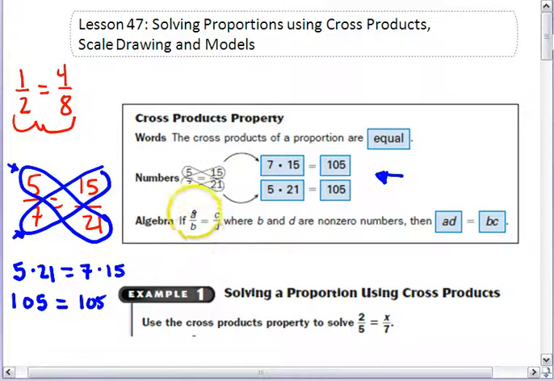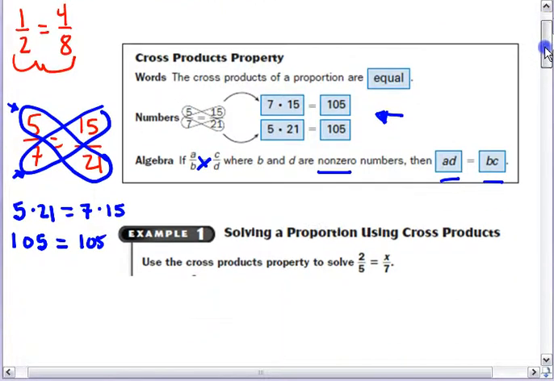If the ratio A over B equals the ratio C over D, it's important that B and D are not 0. Then if I multiply A times D, it should equal B times C. So AD equals BC.